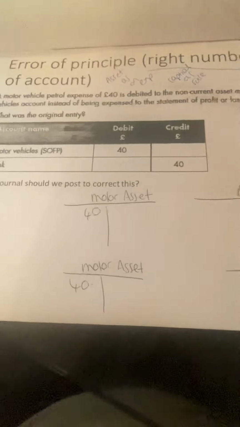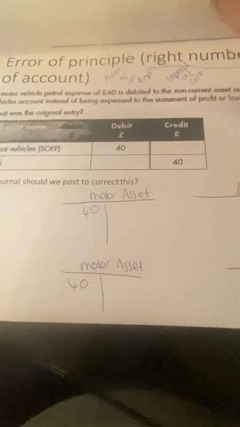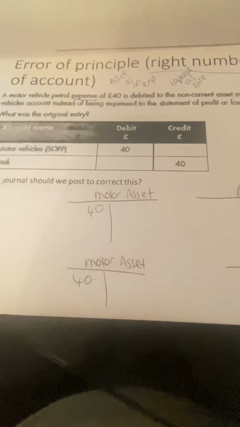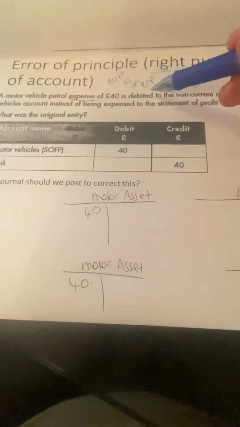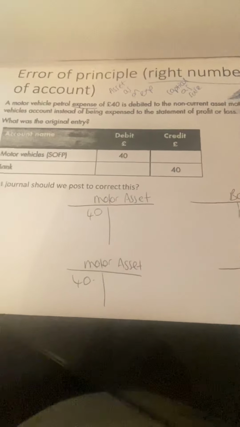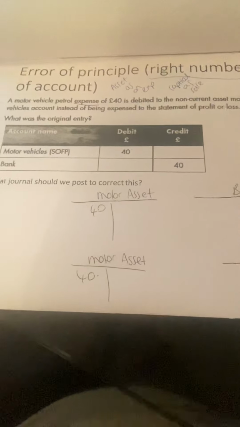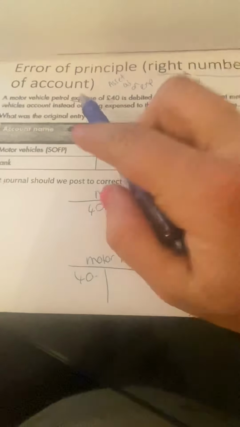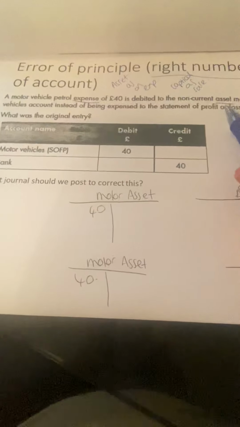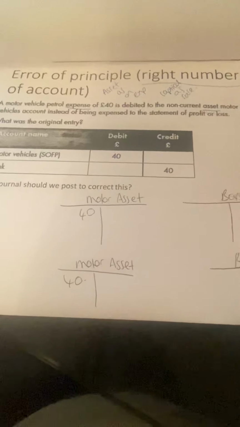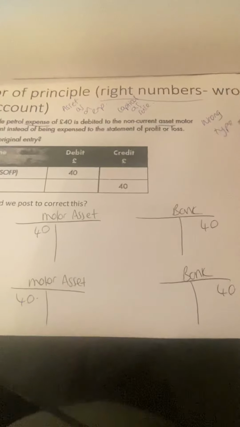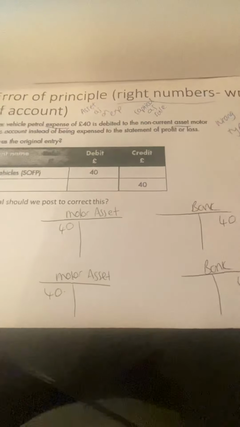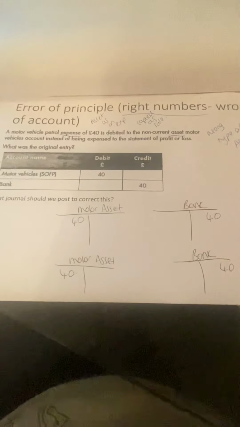So here we've got a motor vehicle petrol expense of £40 has been debited to the non-current asset motor vehicles account. So an expense has ended up in an asset account. So this is the wrong type of account. Okay.